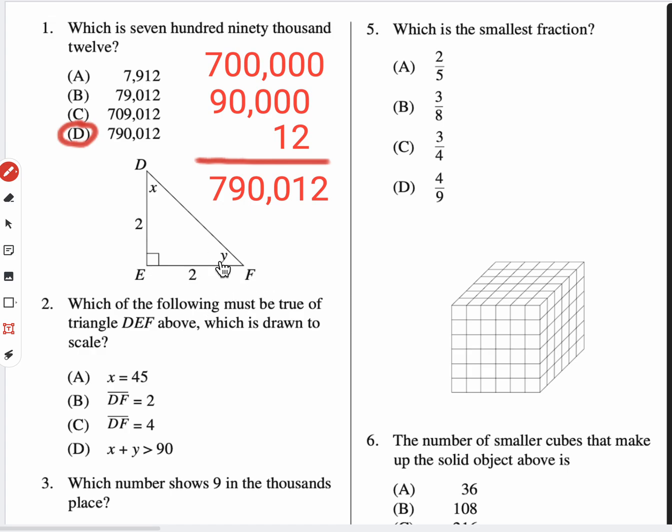Let's take a look at number 2. Which of the following must be true of triangle DEF, which is drawn to scale?